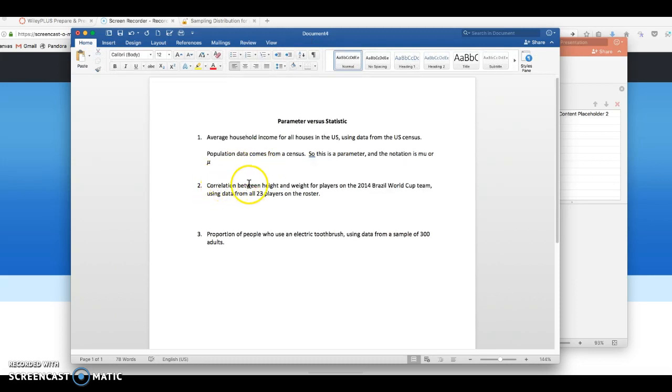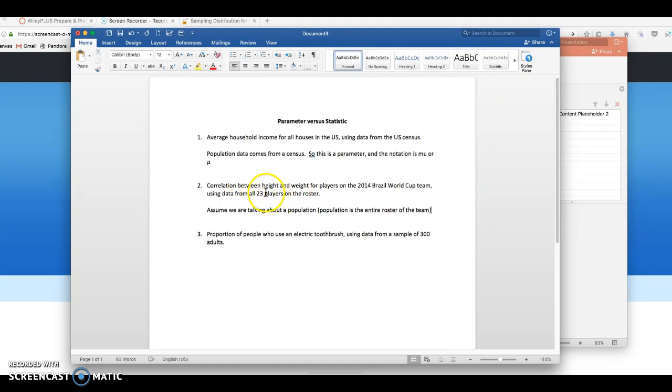All right, number 2: correlation between height and weight for players on the 2014 Brazil World Cup team using data from all 23 players on the roster. Here I'm going to assume that we are talking about a population, and the population in this case is the entire roster of the team.